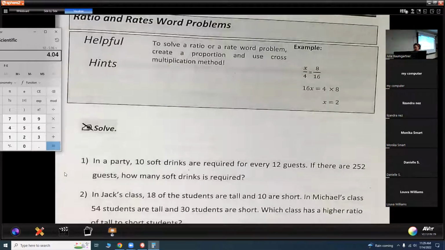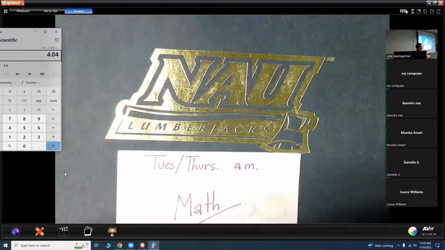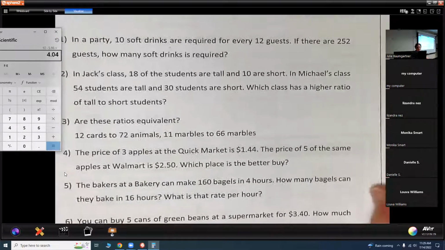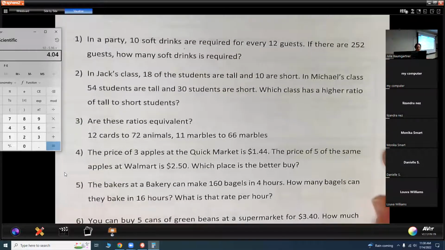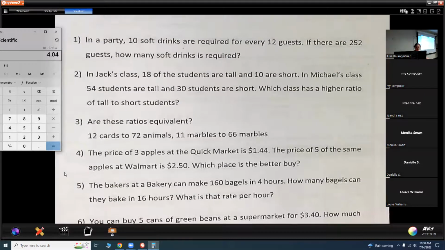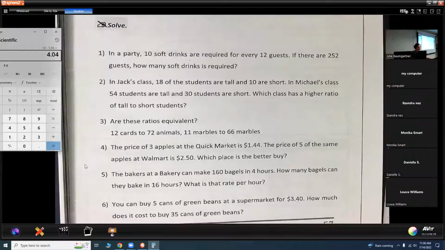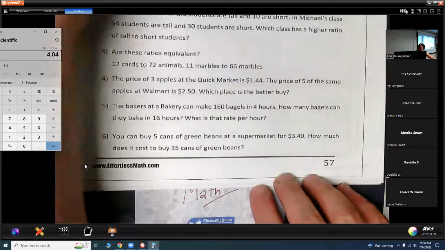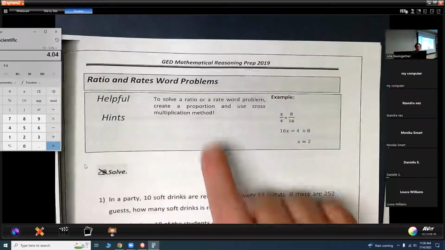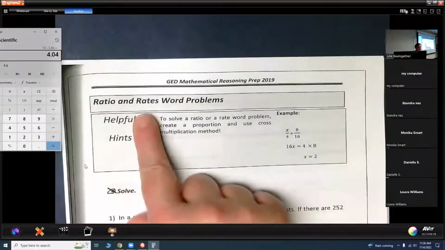But let's jump to the word problems on page 57, it says down in the bottom corner here, and there's 6 word problems. So why don't you guys work on those? So yeah, 57. It says ratio and rates word problems.